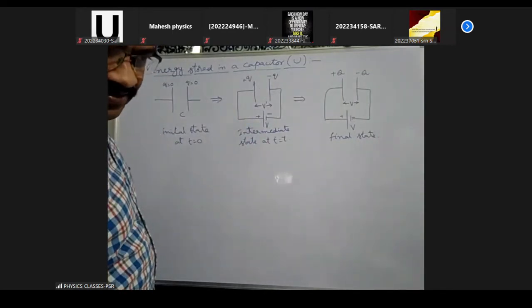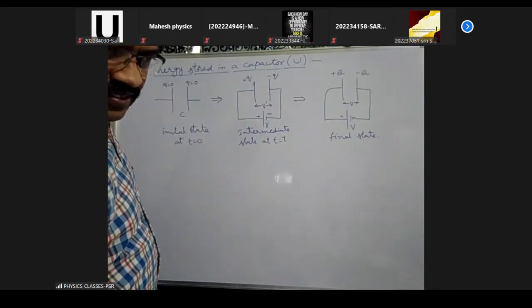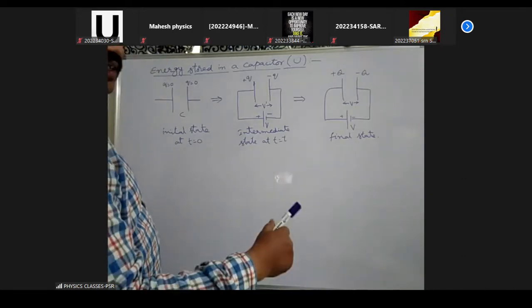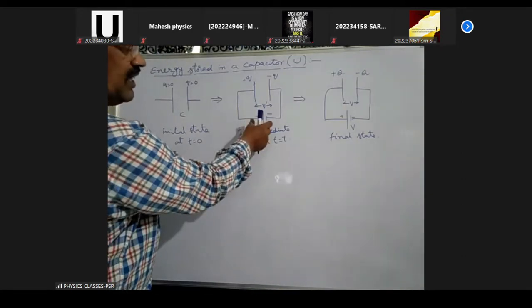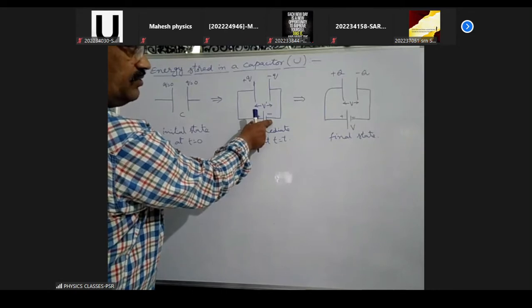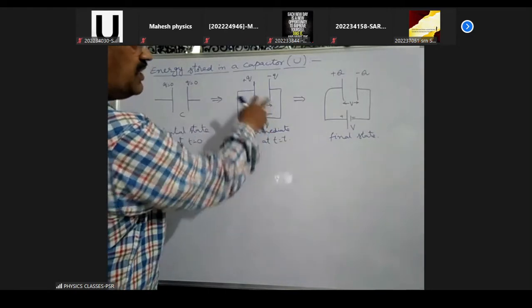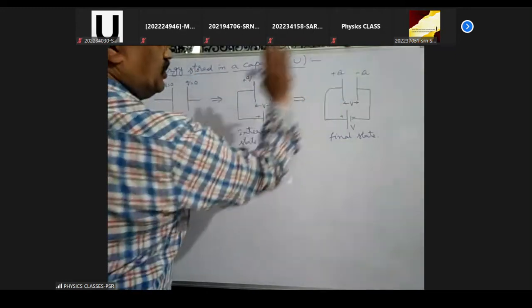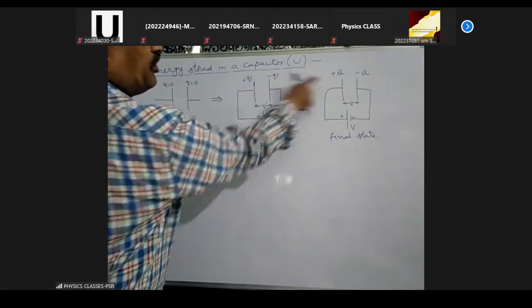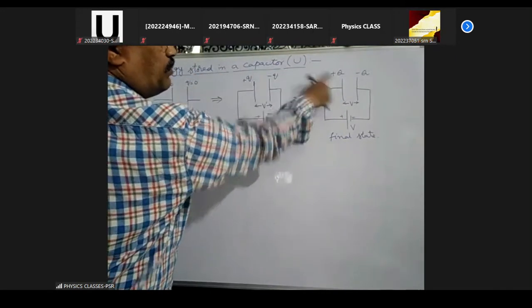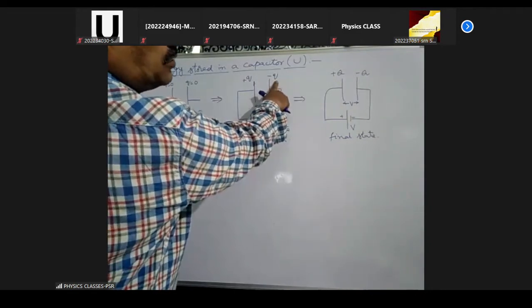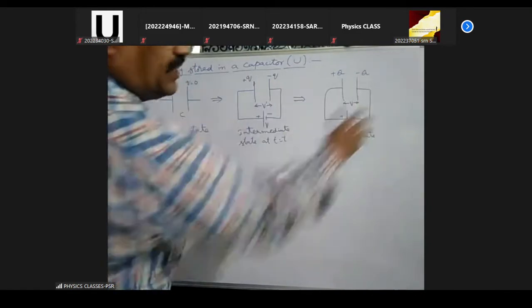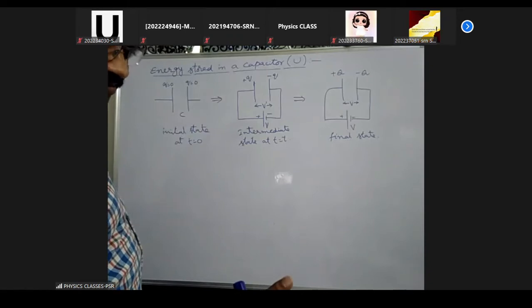Is it clear? Yes, sir. That's why some work is done by the battery in charging the plates further from plus small q to plus capital Q on one plate, and minus small q to minus capital Q on the other plate. Is it clear?